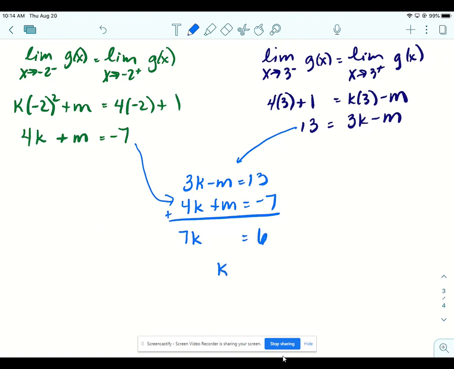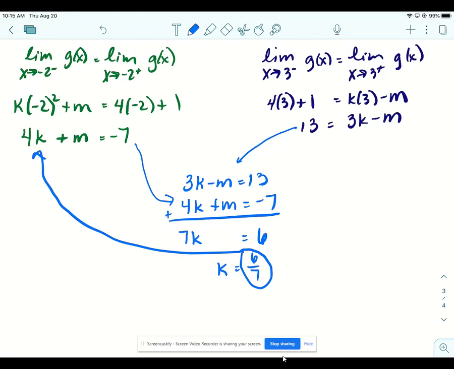And we know that k needs to be 6/7. Right. And then we can take that k and plug it into either equation, the green one or the purple one. I'm just going to choose the green one for no specific reason, except the m is positive, so it's like one less step.